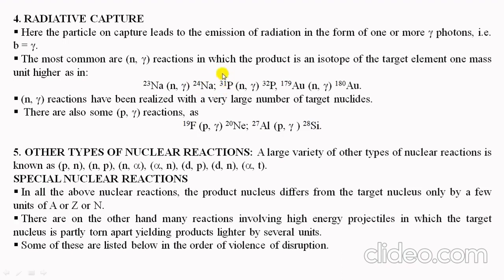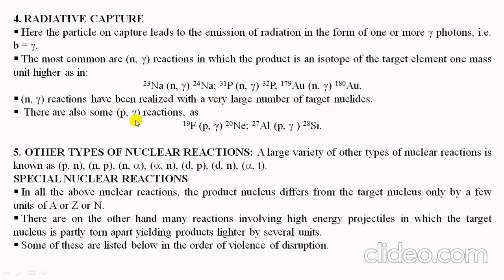Second example, again of phosphorus 31, when it undergoes n gamma reaction it gives the product phosphorus 32, which is again one mass unit higher. Similarly, n gamma reactions have been realized with a very large number of target nuclides.